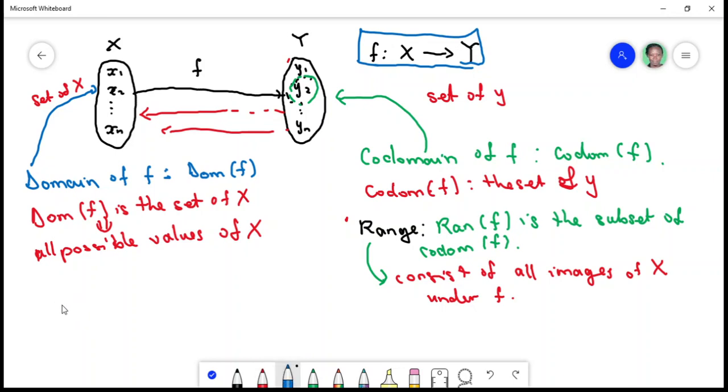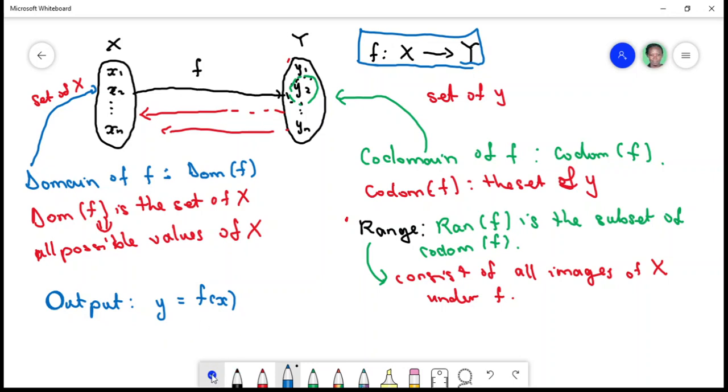So how do I write the output? If I have a function, we have already said I can write the output of my function to be y equal to f of x.